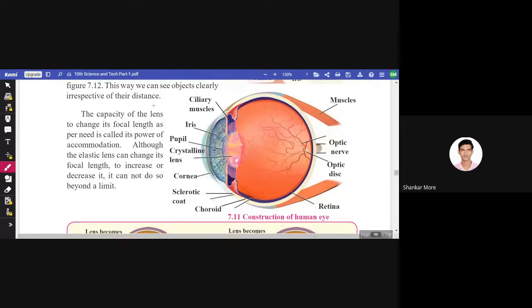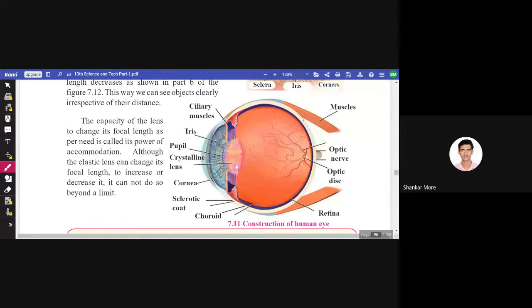So see students, as you can see, this is the retina. These are optic nerves. This is the optic disc, and this is called the iris. Then we have a pupil here, and then we have a lens. This outer side is called the cornea, and this is called the sclerotic coat, and then we have the choroid.